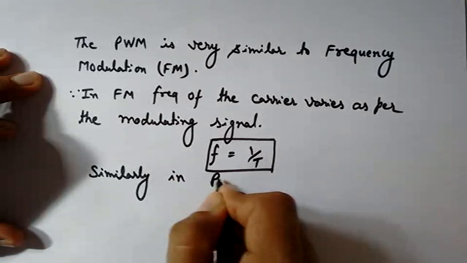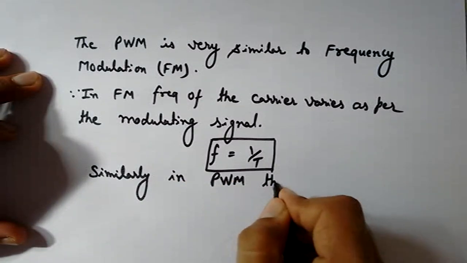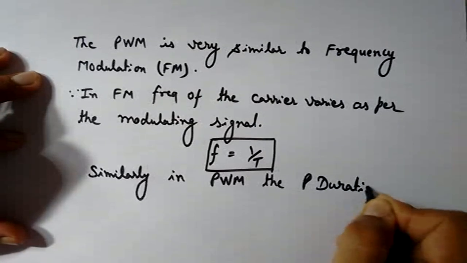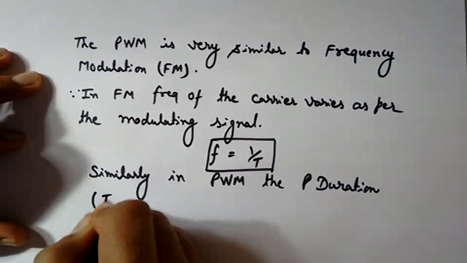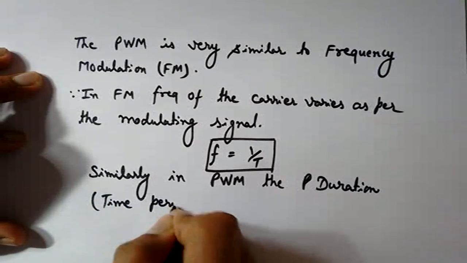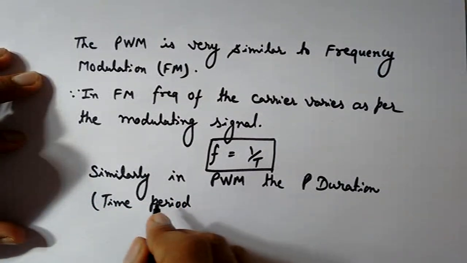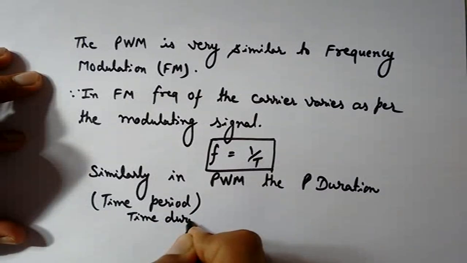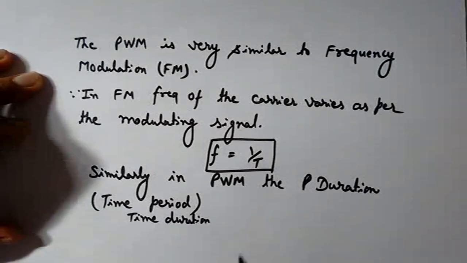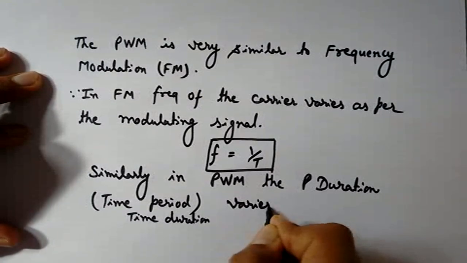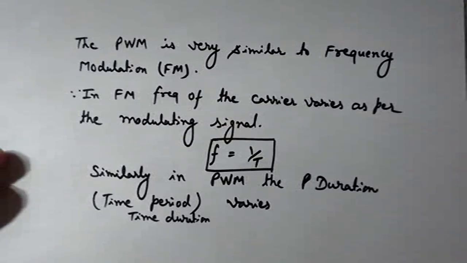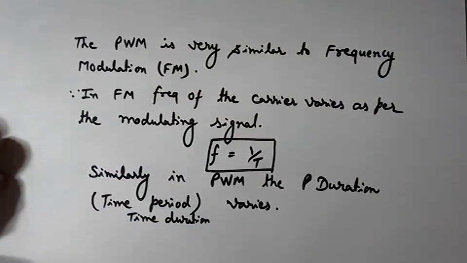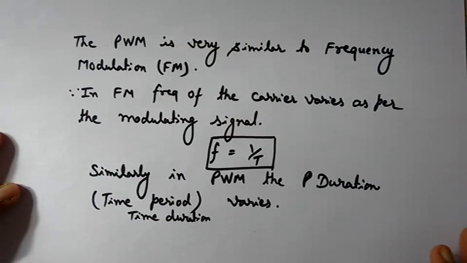Similarly, in PWM the duration, which is nothing but the time period or the time duration, varies. Okay, so it is the same thing. It is quite analogous to the frequency modulation.